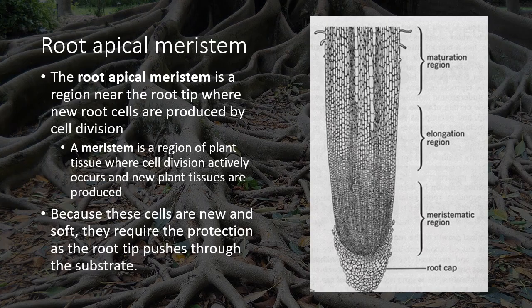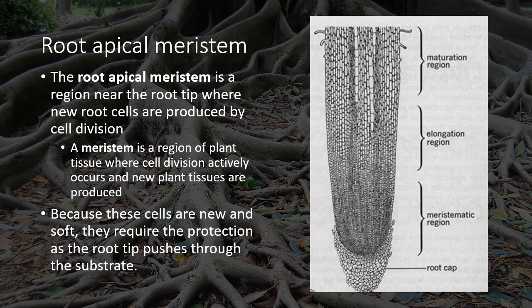Okay, so like we have at the tips of stems, we also have apical meristem at the tips of roots. The root apical meristem is essentially this region near the tip of the root where cells are actively dividing. Those cells divide very, very rapidly, and they don't really have time to grow bigger. They're just small cells that continuously divide.